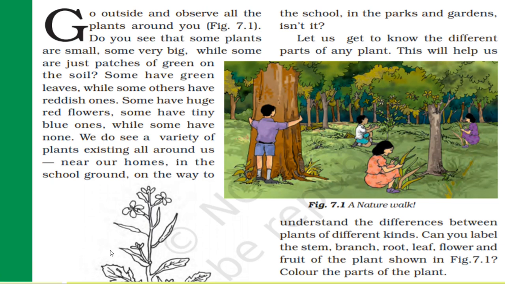Okay. Then, if we talk about flowers, some plants bear flowers. They are called flowering plants. On the other hand, some do not bear flowers at all. So these kinds of plants are called non-flowering plants. Examples of flowering plants are rose, orchid, oleander.